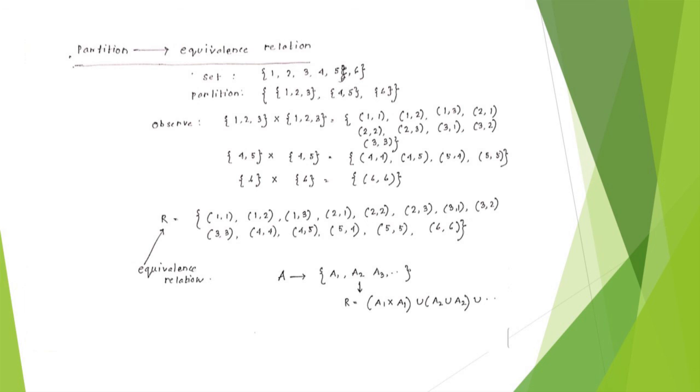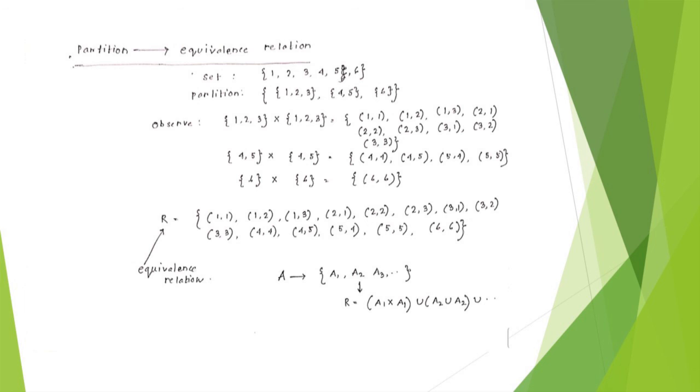So in general, we have a set A, and let us say that A1, A2, A3, and so on, as a whole form a partition of the set A. We take the Cartesian product between A1 and itself, between A2 and itself, and so on for the others, and we take the union of all these.